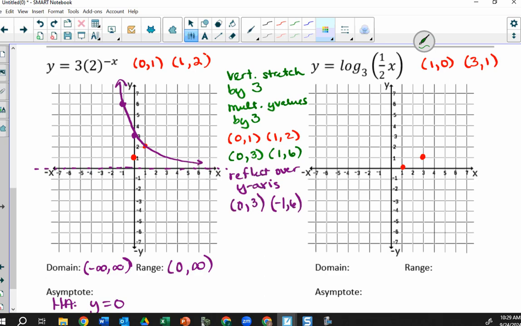Remember, in the parentheses is the opposite of what it seems like it should be doing. So instead of multiplying by 1/2, what do you think I'm actually going to do? Divide by a half, which is the same as multiply by 2. No negatives. Dividing by a half means multiply by 2. So when you see a half in there, you're actually doubling the x values.